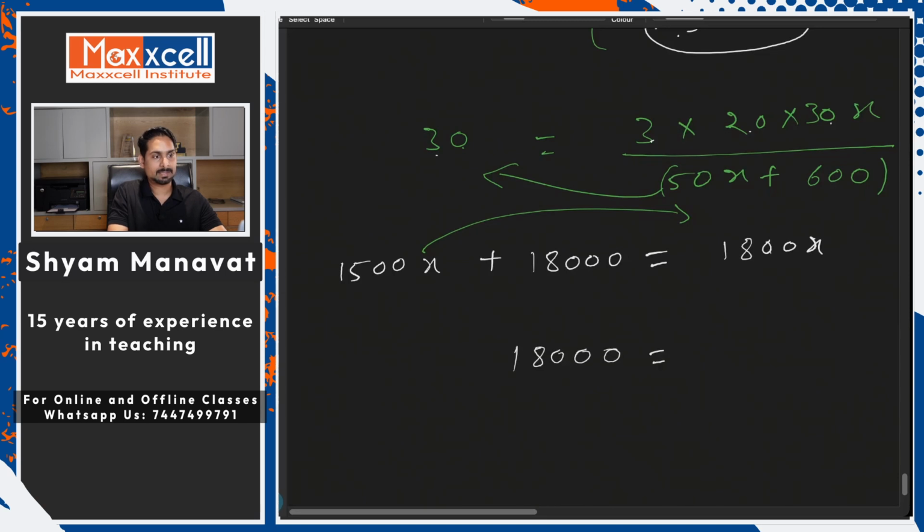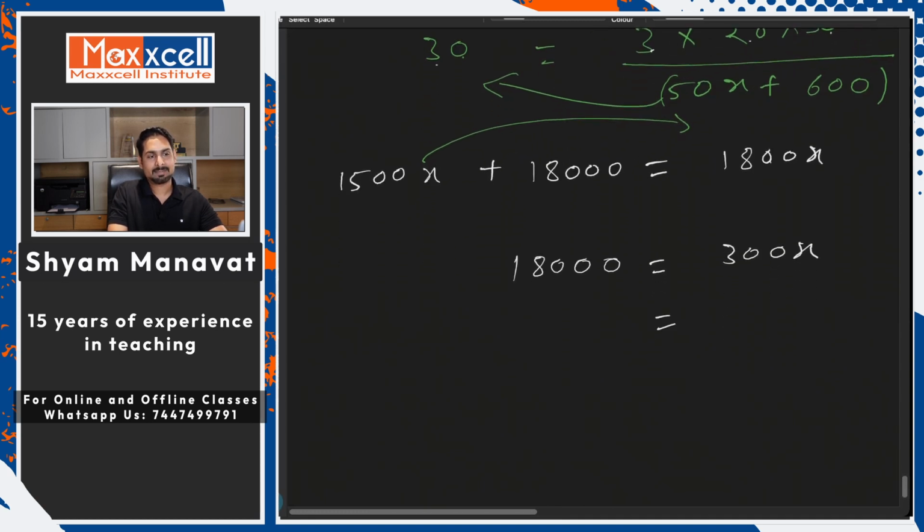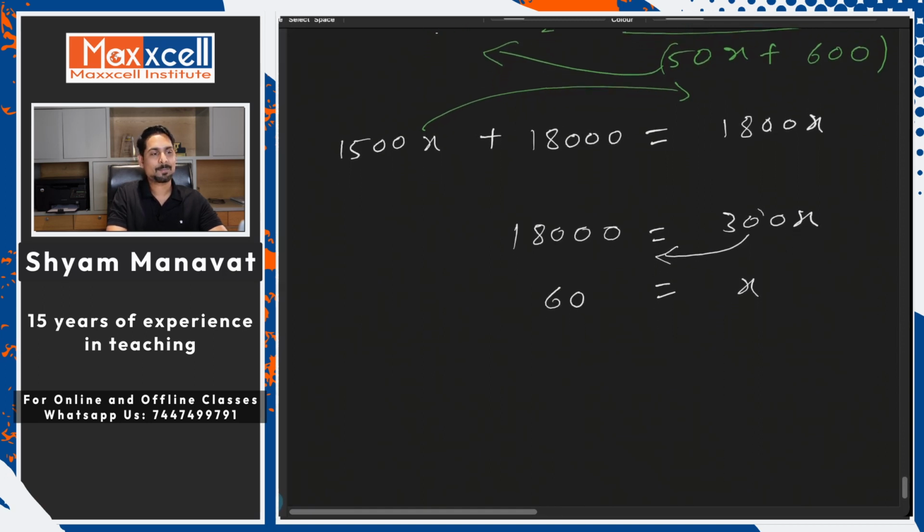18,000 equal to 1800 minus 1500 is 300, and we have x with this. Now take this 300 to the other side. So if you divide 18,000 by 300, you will get 60 as the answer, right?